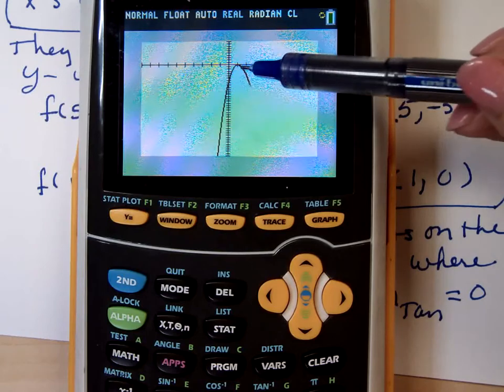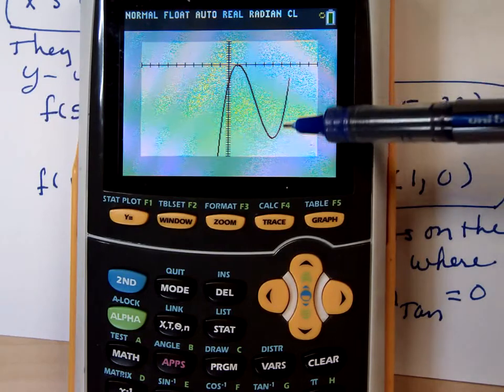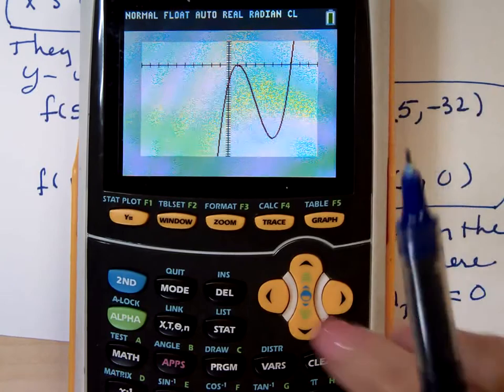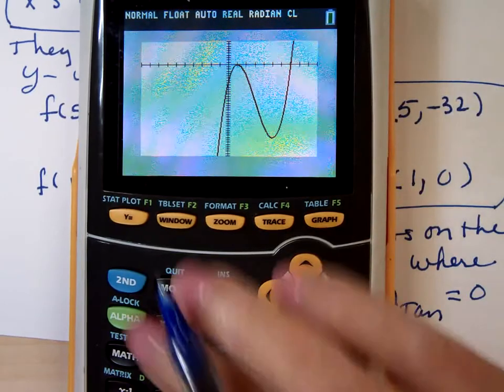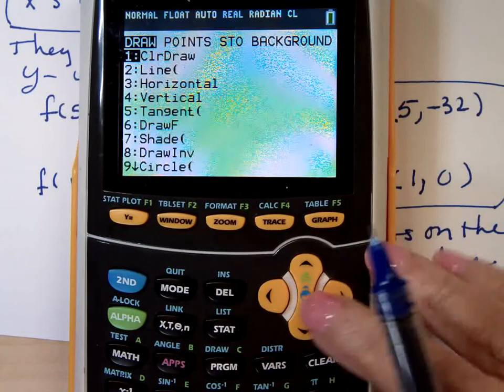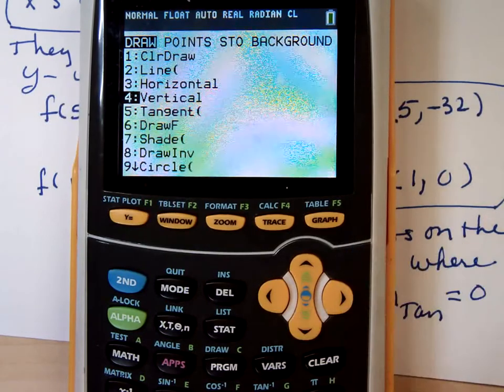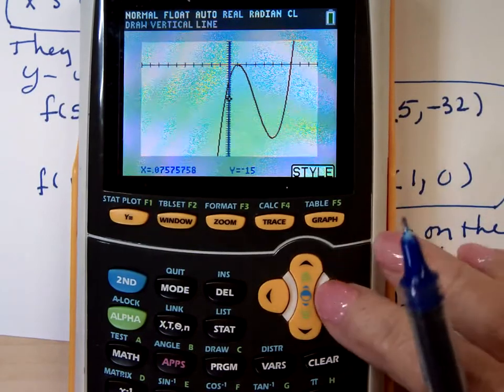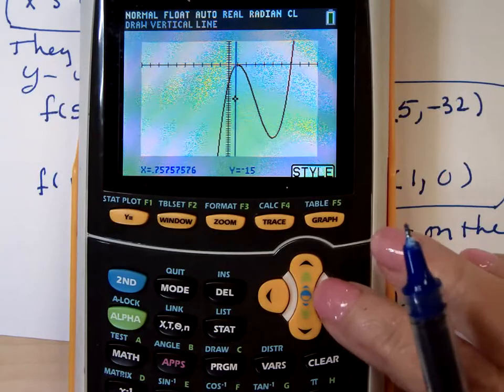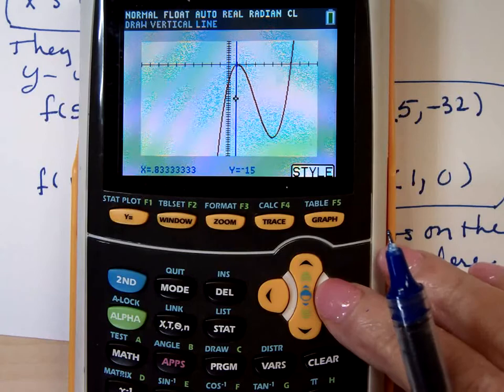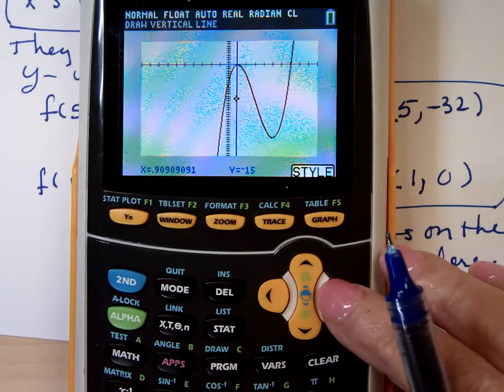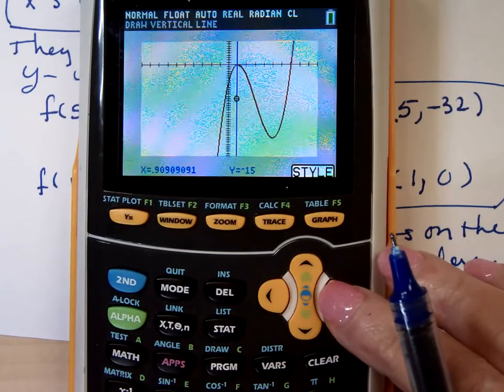There is x equal 1. I'm going to draw a vertical line. I'm going to watch to see where I'm close to 1. Looks like about right there.